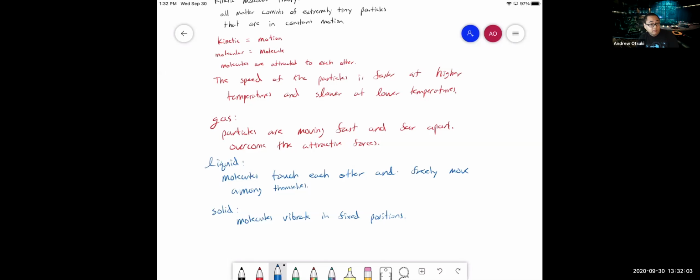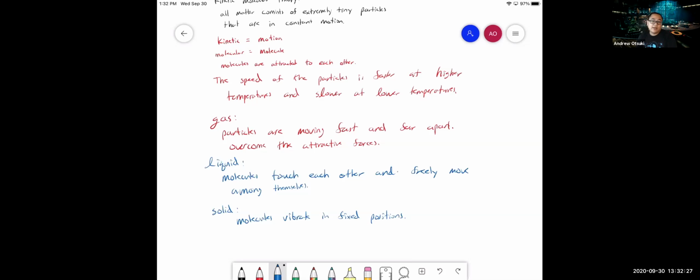When you try to move a solid, it'll stay completely in the same position and the same shape. Whereas a liquid will always conform to the container you have it in, and gases are that way too. You can contain gases, unless you open it up to the atmosphere and they all evaporate out.